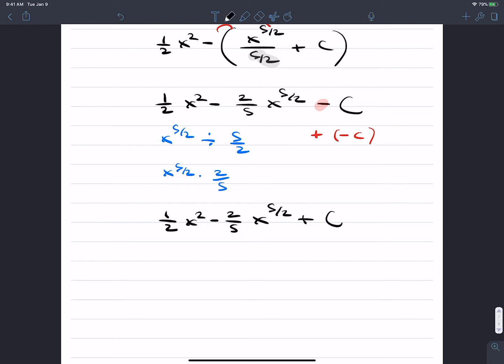They don't know why it's plus c when I distributed and got a minus c. Well, because you put plus another constant right here. You put plus a negative constant, and maybe you called that constant another letter, plus d. So this is really plus a constant. Can I write this as plus d? Yes, you can. That's perfectly fine. But after you see a million of these examples, you notice in the back of the book, they always just put plus c. So this is why, ladies and gentlemen, in the back of the book, they put plus c.